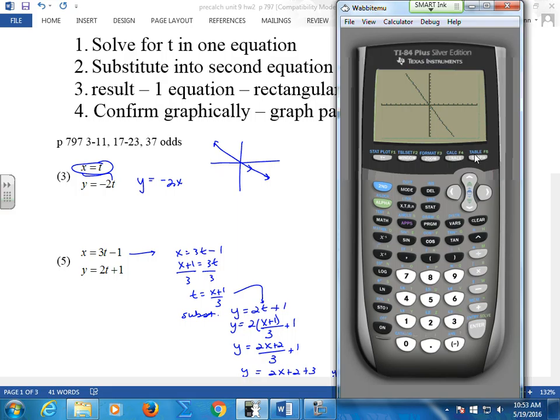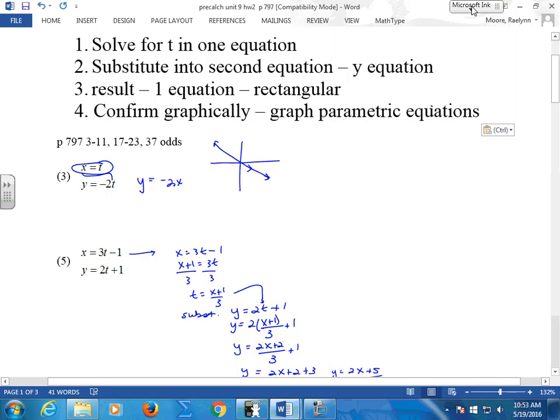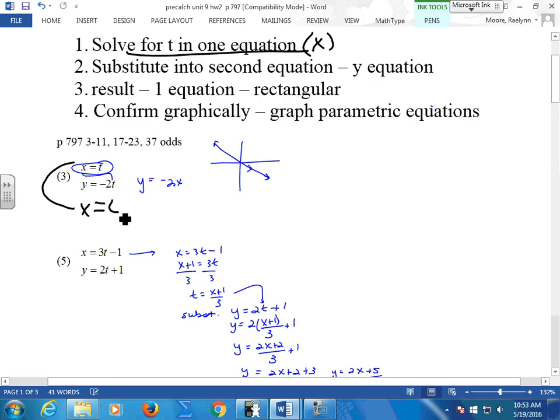Now, what it means is this. At any point, I can find its t value, how long it took to make this, its x and its y. When I want to convert this, I say, okay, we've got to get rid of the t. So it says solve for t in one equation, and we said in your x equation. So we take this equation, and isn't that already solved for t?